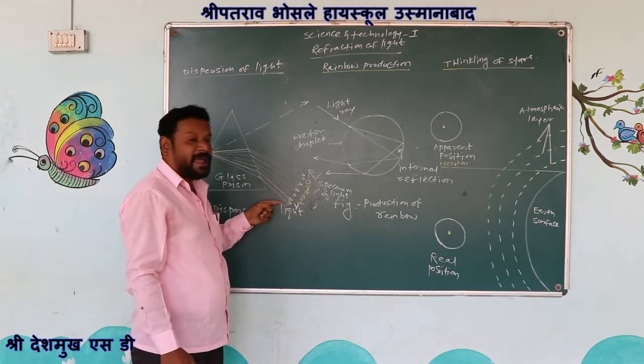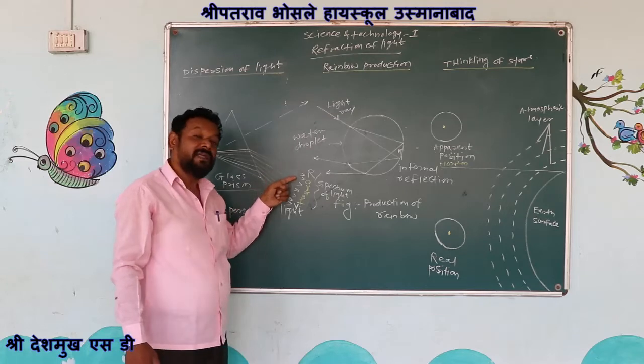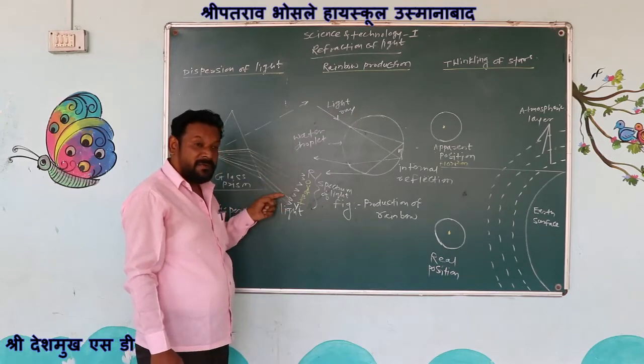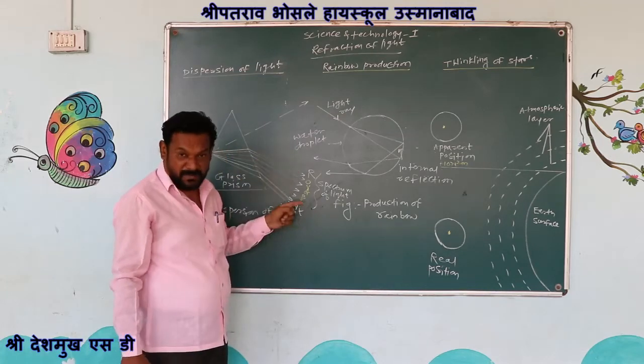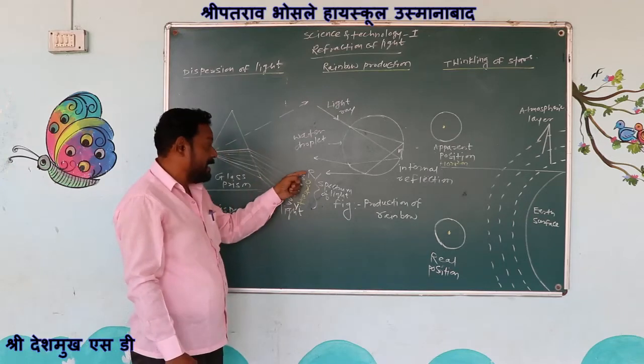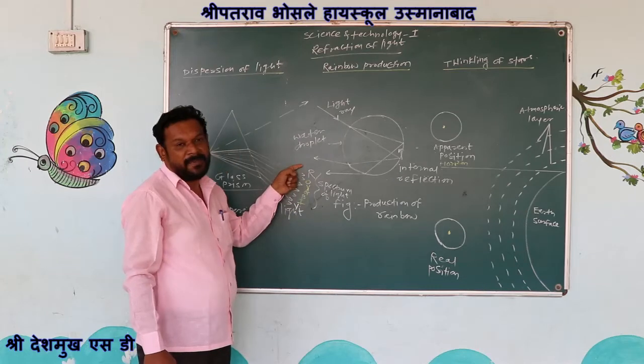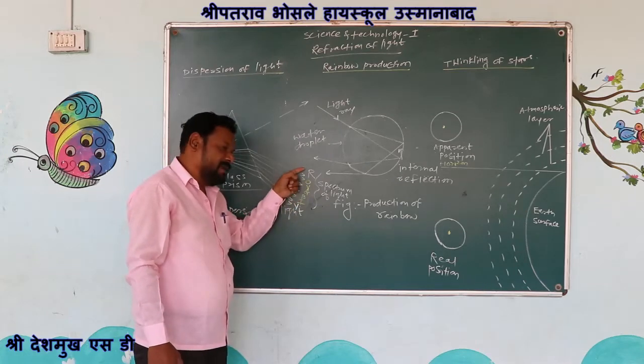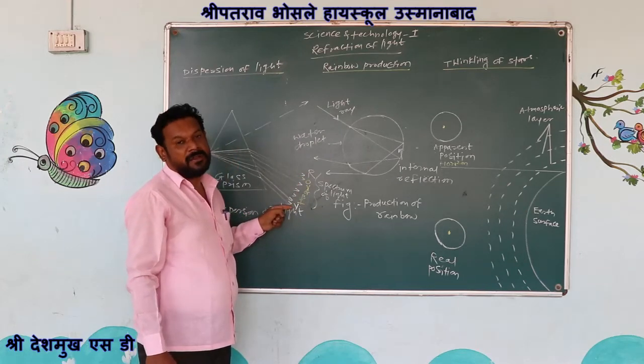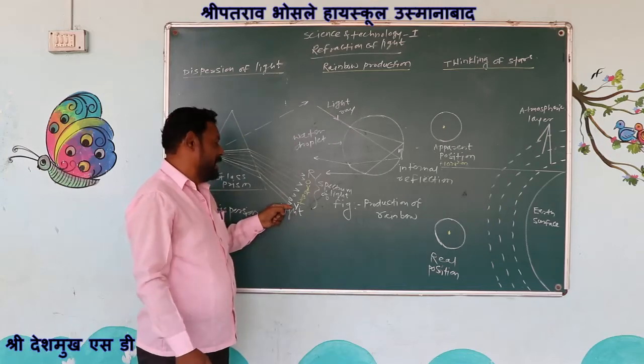They bend at different angles because the wavelengths of the seven colors are also different. That's why red and violet colors have different angles. Red color and violet color have the least and the most angle.